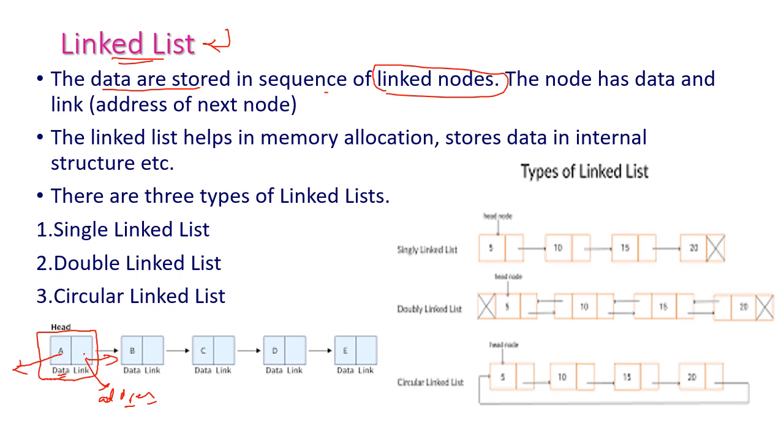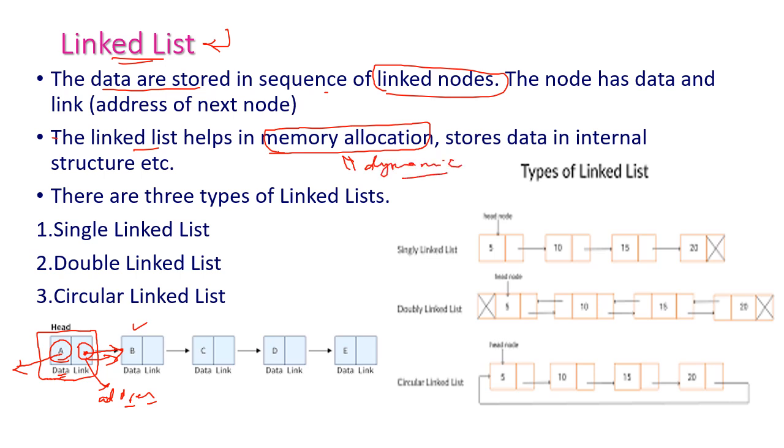In the first slot the data will be stored and in the second slot the address will be stored. The address is used to point to the next node, that is, the next node address will be stored here. Here the linked list helps memory allocation, that is, dynamic memory allocation.